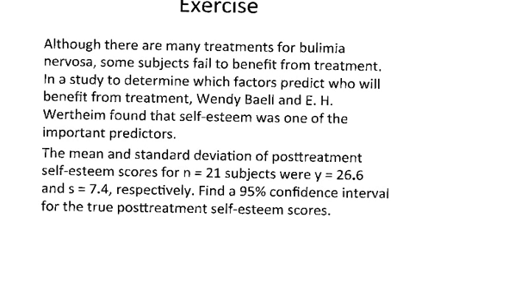So they took a random sample with n equals 21, so we have a sample size of 21, so we cannot use the previous confidence interval, we need to use this one. And they took the post-treatment self-esteem scores, so we have the mean here and the standard deviation here. And the question is about the confidence level for the true post-treatment self-esteem scores.